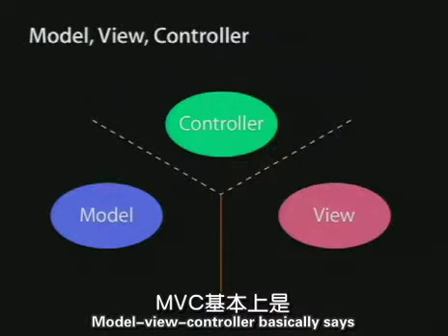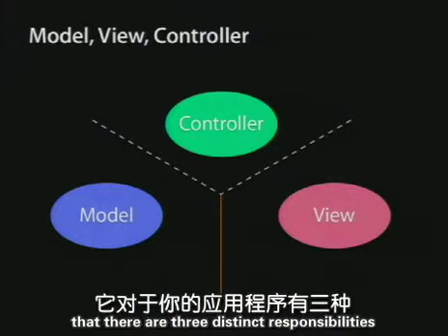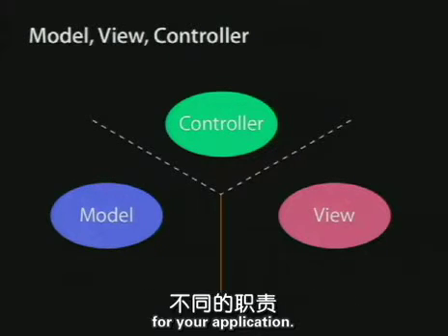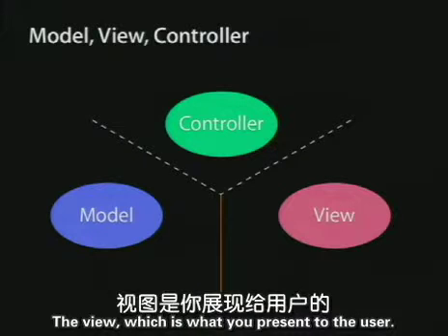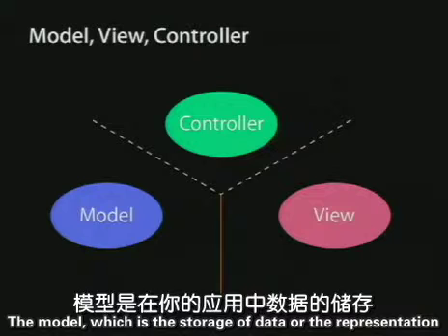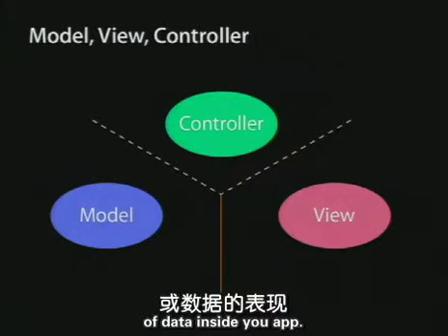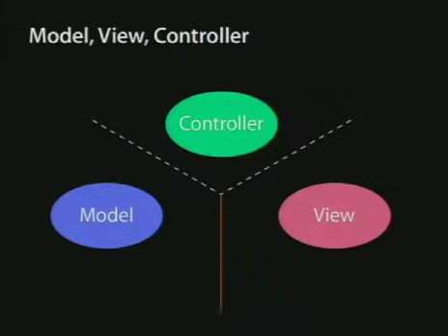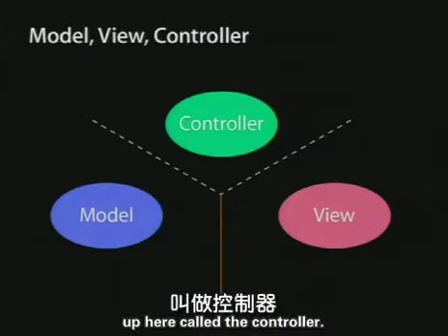Model view controller basically says that there are three distinct responsibilities for your application. The view, which is what you present to the user. The model, which is the storage of data or the representation of data inside your app. And then there's this third thing up here called the controller.